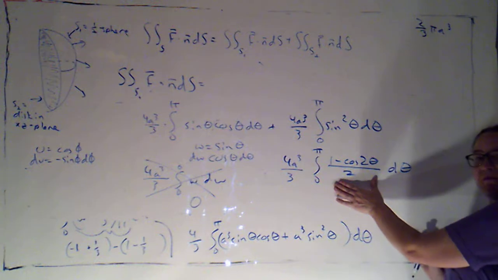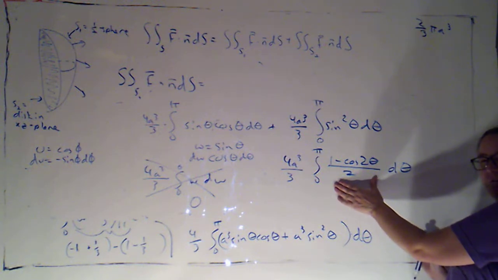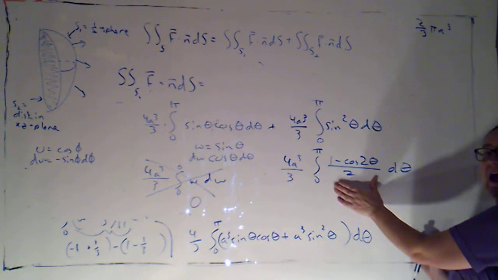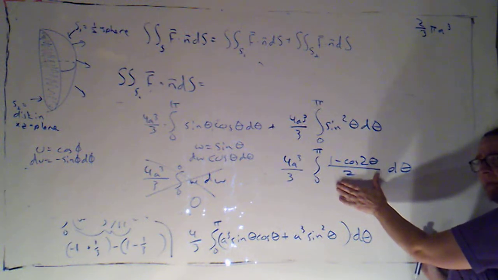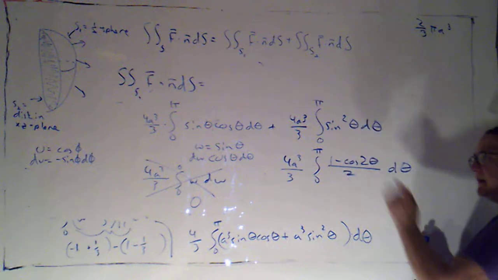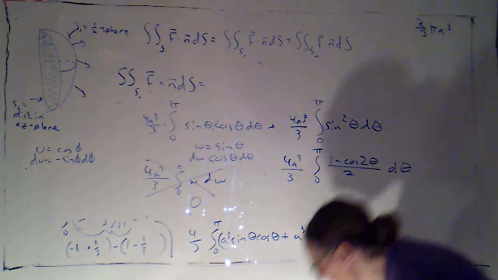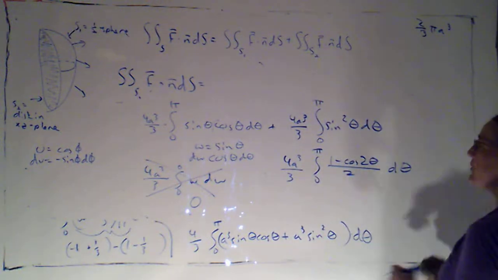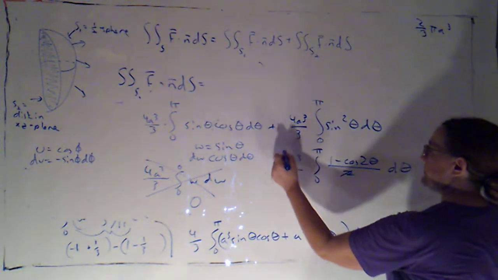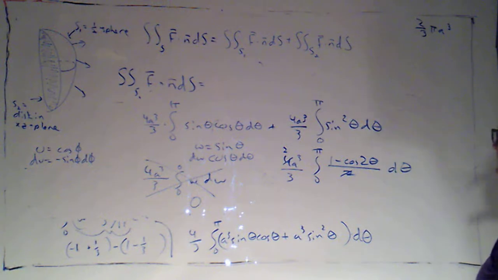In the interest of time, I'm not going to rederive that here because we've derived it several times in the past. But if you don't remember how we got that, you want to look back, make sure you know how to derive that, because these even powers of sine and cosine do show up an awful lot. Okay, I'm going to cancel that 2 with the 4, so that becomes a 2/3 on the outside.